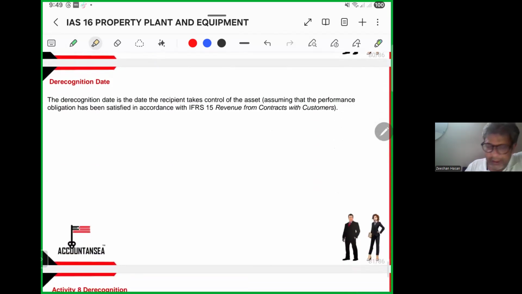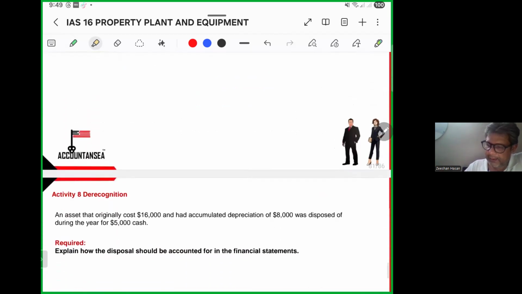Now, as far as the derecognition date is concerned, it is the date the recipient takes control of the asset, assuming all the performance obligations according to IFRS 15, Revenue from Contracts with Customers, have been met.